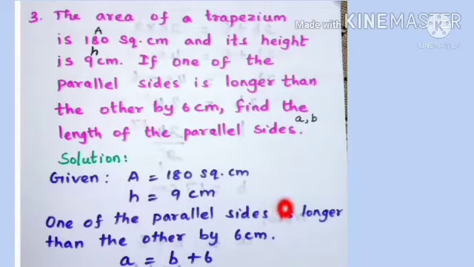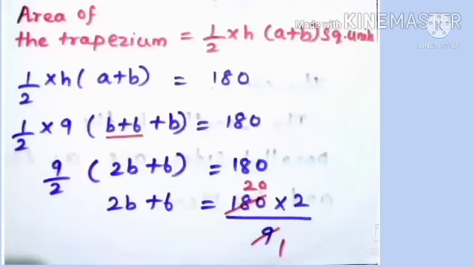Now in this sum we are taking one parallel side A as B plus 6. We know that area of the trapezium is equal to 1 by 2 into h into A plus B square units, and here area of the trapezium is given in the problem itself, which is 180. So we can equate this with 180.